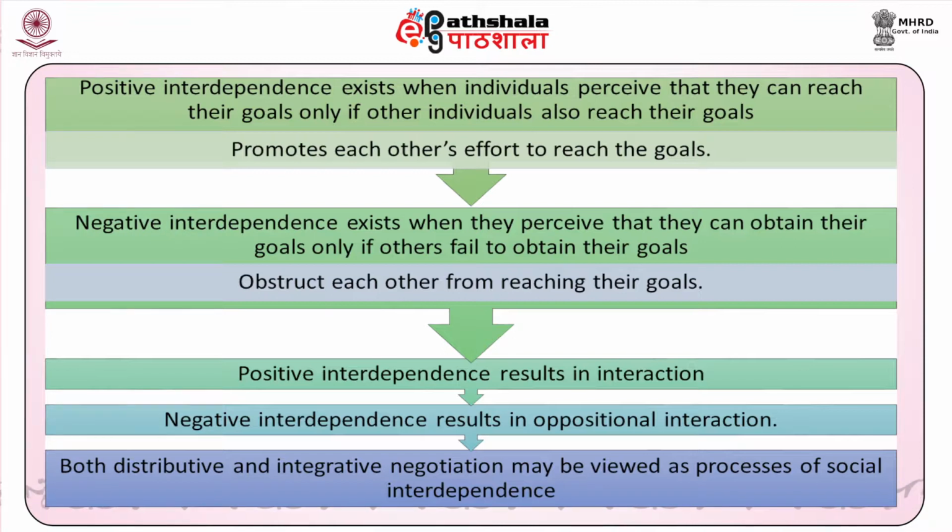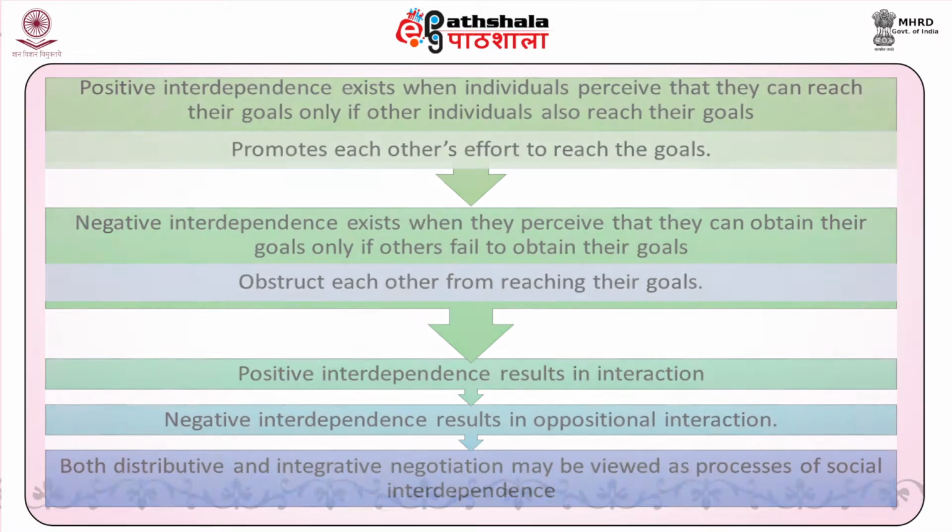In terms of processes, the basic premise of social interdependence theory is that positive interdependence will result in interaction, which in turn results in cooperation. Negative interdependence, on the other hand, will result in oppositional interaction, which in turn results in competition.